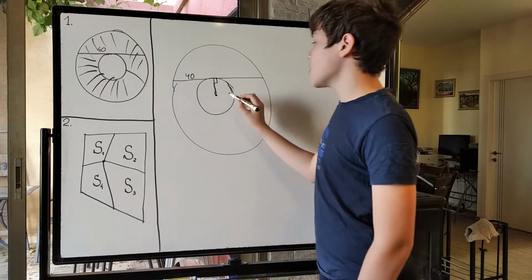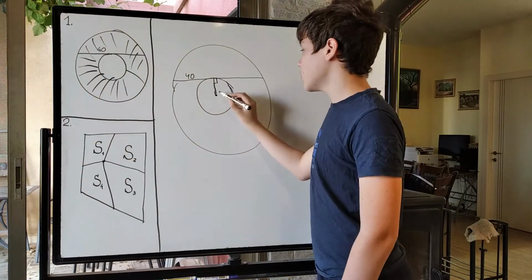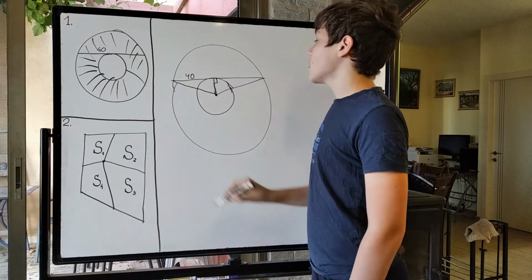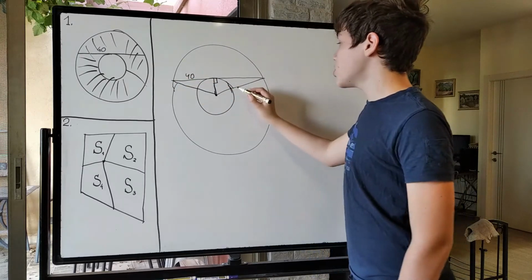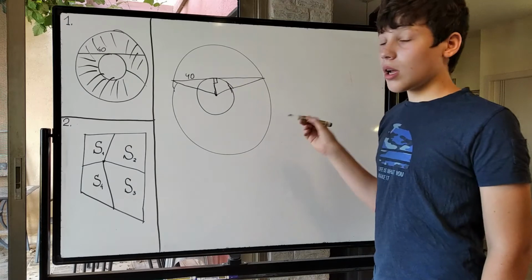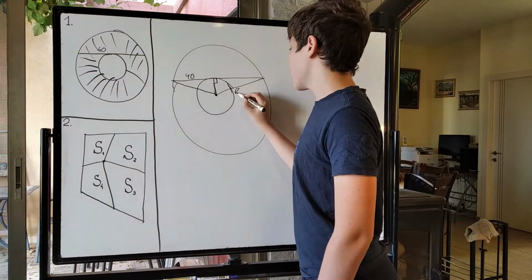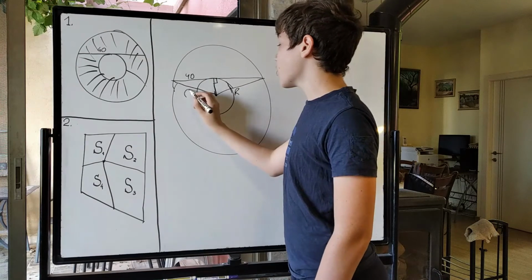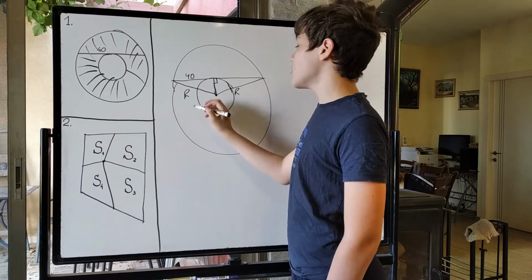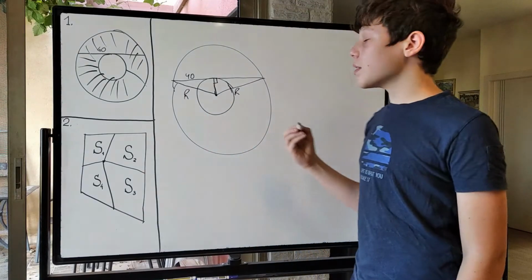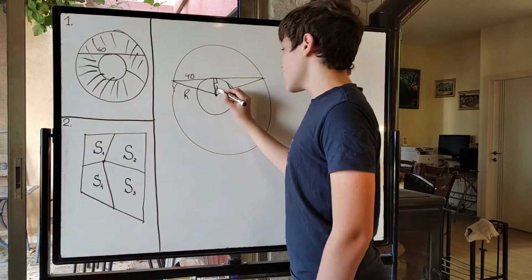And because it's the center of the big circle, we can connect these two points and say that these two are the same radius of the big circle, which we'll call R. So we'll call the radius of the big circle R, and these are both big R. And we'll call the radius of the smaller circle small r.